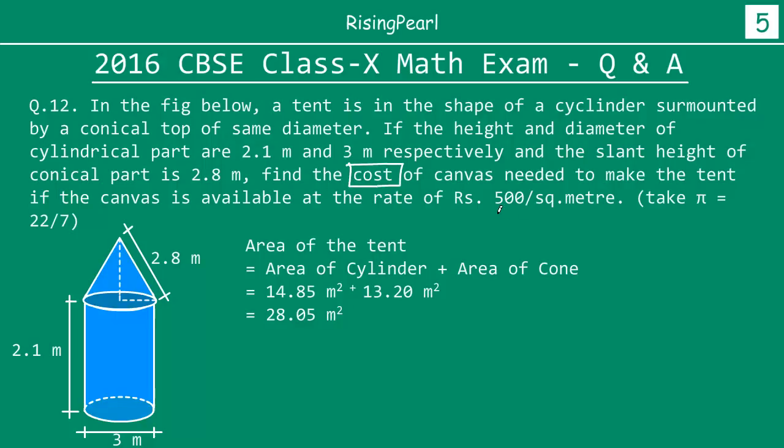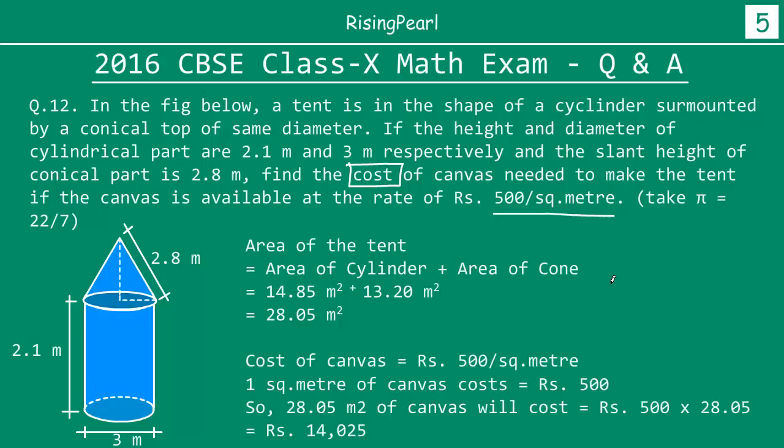For that we use this information: the canvas costs 500 per square meter, so 1 square meter costs this much. The entire tent is 28.05 square meter.